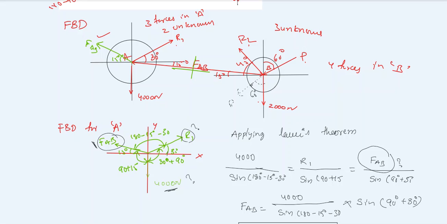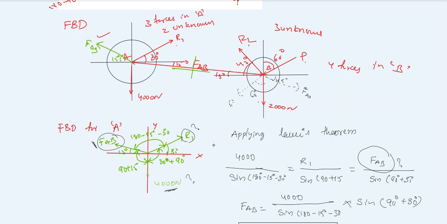Similarly, FAB is moving towards the fourth quadrant, so just transfer FAB at an angle of 45 degrees to the horizontal. In this way we can use the law of transmissibility, right?